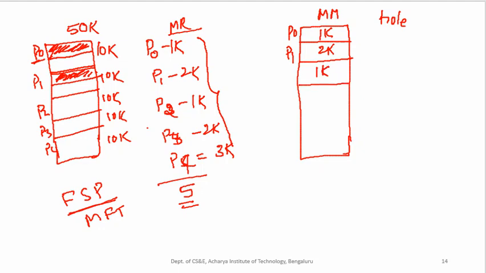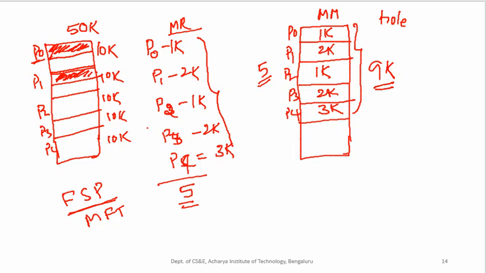There are 5 processes like this, P2, P3 and P4. So totally how many processes are residing now? 5. And how much is the memory space consumed? 1 plus 2, 3, plus 1, 4, plus 2, 6, plus 3, 9K. Okay, 9K is the total memory consumed by these 5 processes.